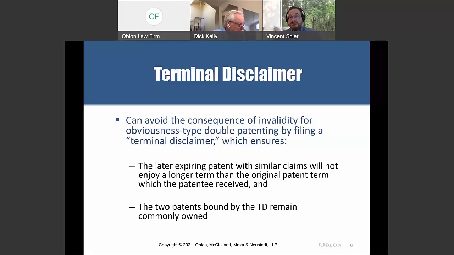The second component of the terminal disclaimer was a requirement that the two patents that are subject to the disclaimer remain commonly owned. And if that common ownership is lost, then the patent in which the disclaimer was filed would be invalid.